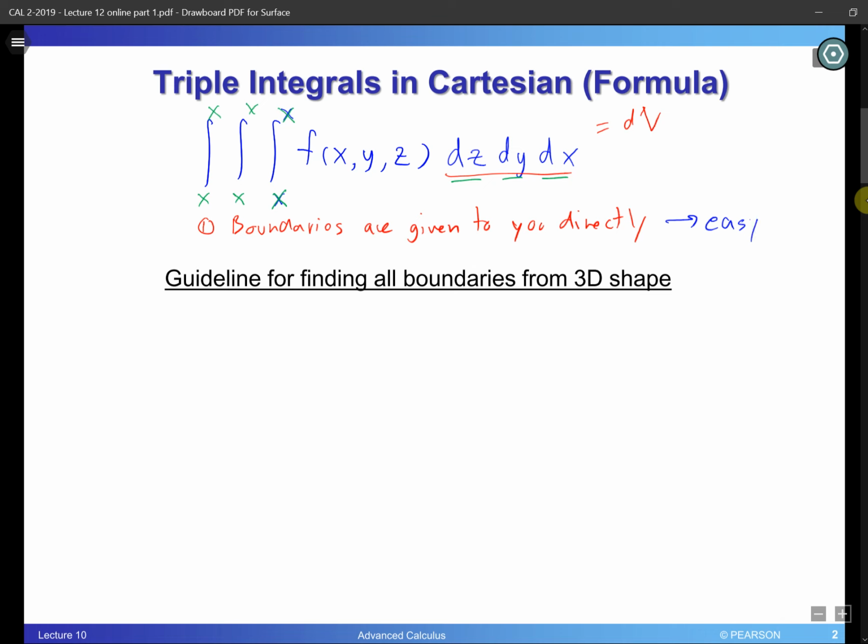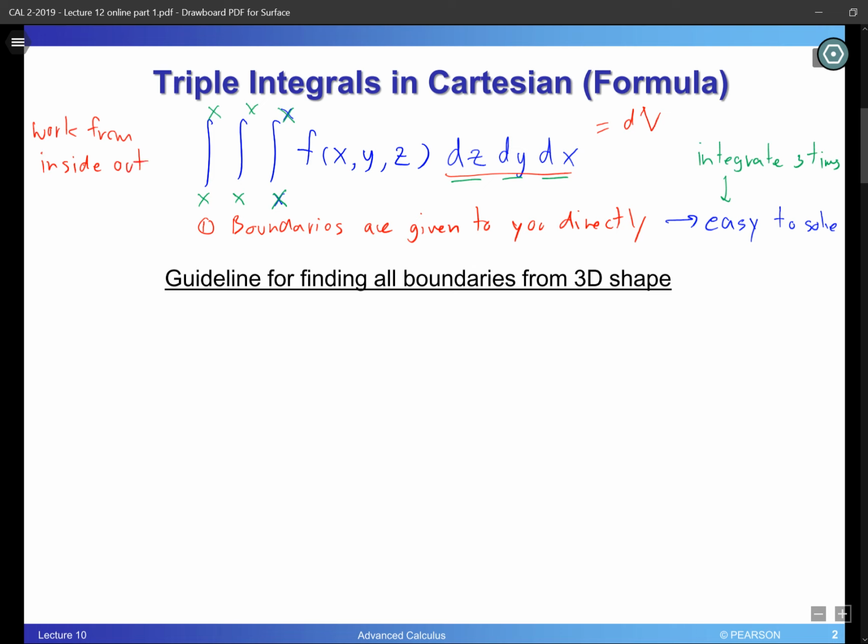Easy to solve because you only need to integrate 3 times. And of course, when it comes to multiple integration, you have to work from inside out. Make a note here, work from inside out.